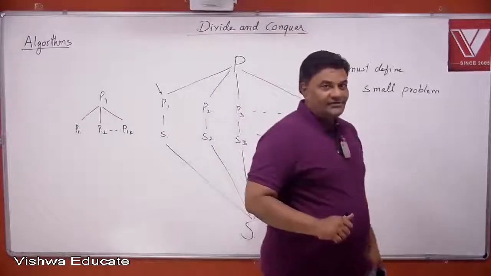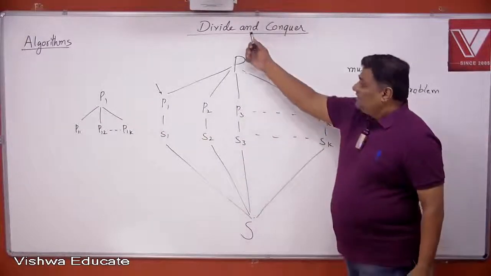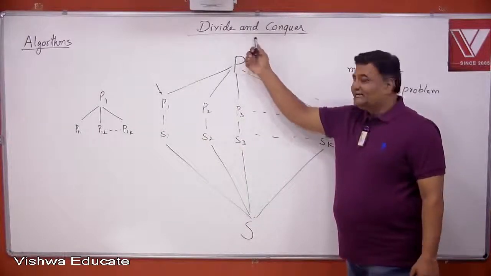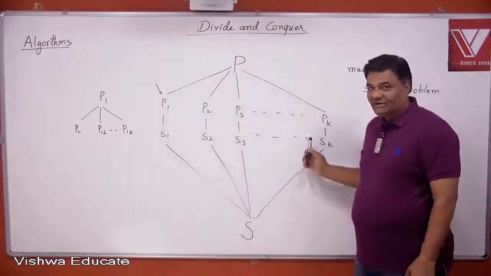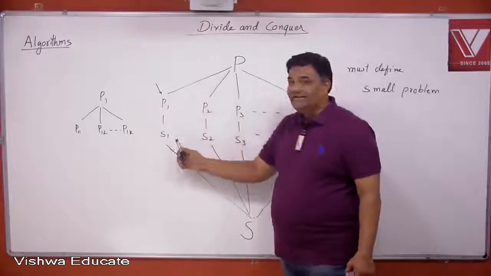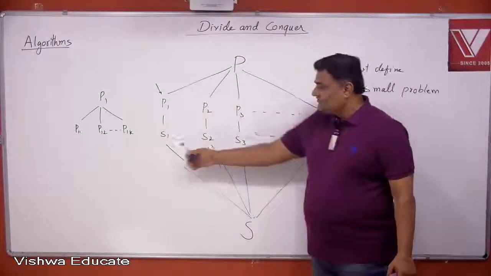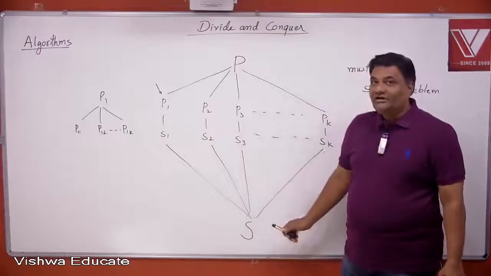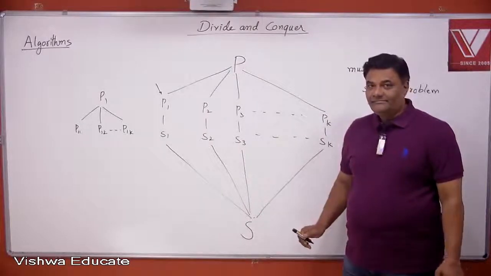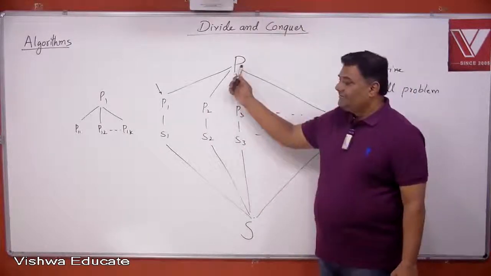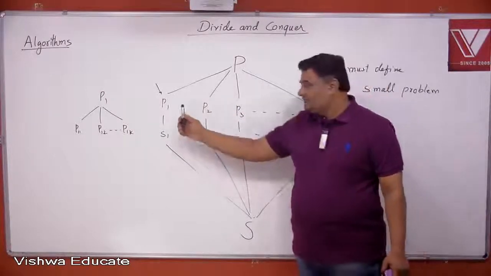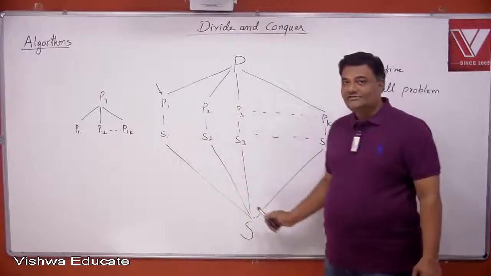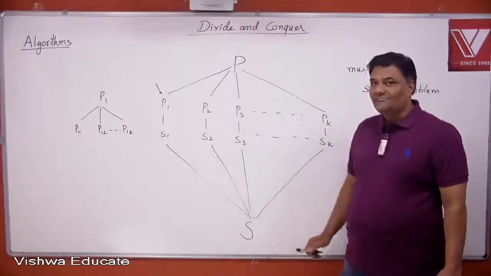I repeat, you have to take this down. Divide and conquer strategy says that if the problem is large, then split the problem into K sub-problems. Solve the sub-problems, get their solutions, and combine the solutions of the sub-problems to get the solution for the main problem.